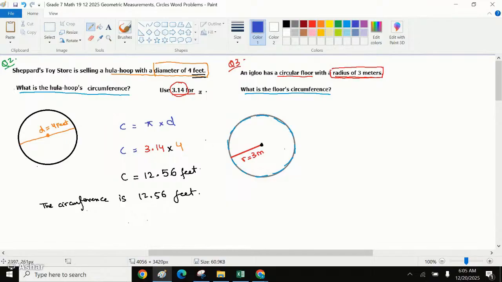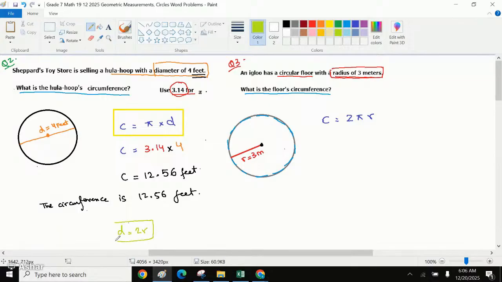So we can say that the formula for the circumference is circumference equals 2 pi r. In the previous question, we did circumference equals pi multiplied by d because the diameter was given, and we know that diameter is twice the radius, right?